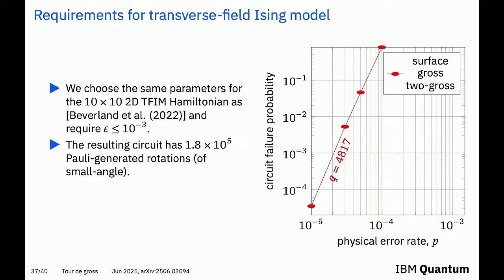So you can see that we require less than 10 to the minus physical error rate for the bicycle architecture with the gross code to be able to do transverse field Ising model simulation at an accuracy of 10 to the minus 3. 2.1 times 10 to the minus 5 is where this intersect is.